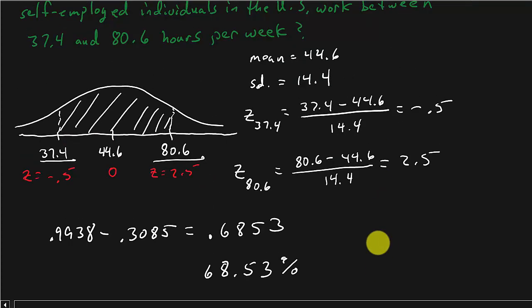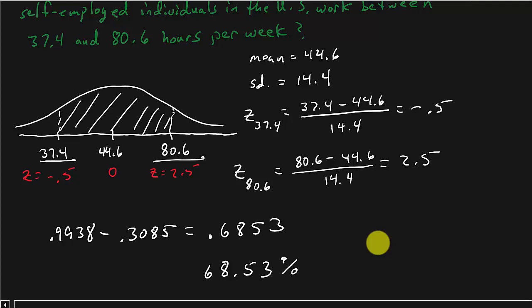So that's how you do this. And like I said in that last video, we used the empirical rule, but if you go look up those values in the Z table, you'll get the same answers. Look up Z equal 1, Z equal negative 1, and subtract the two and see what you get.